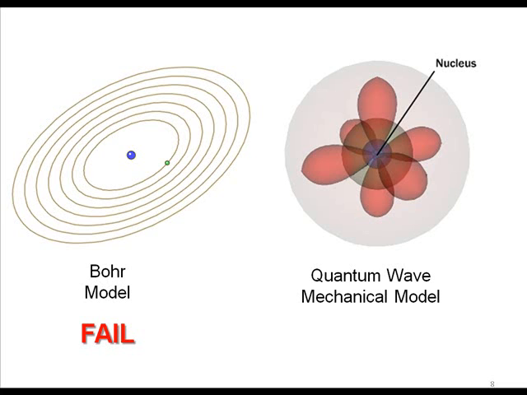You may ask, why did we use the Bohr model throughout this entire course up until now? Why didn't we teach you the quantum wave mechanical model to begin with and use it? And the answer is because the quantum mechanical model, though correct, is really rather complicated.